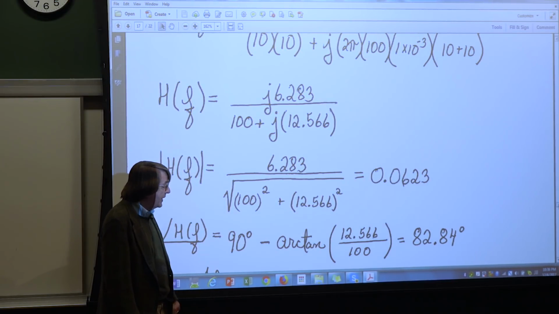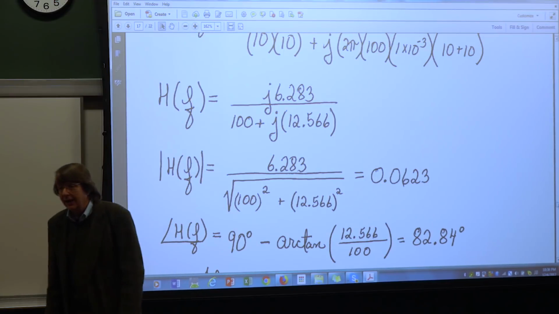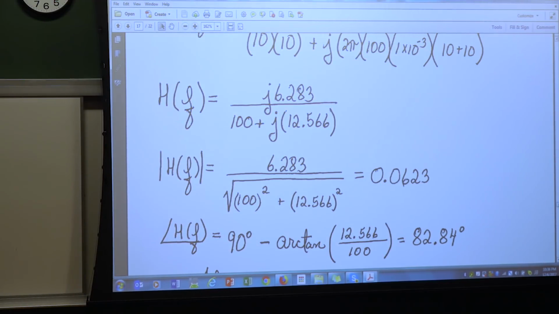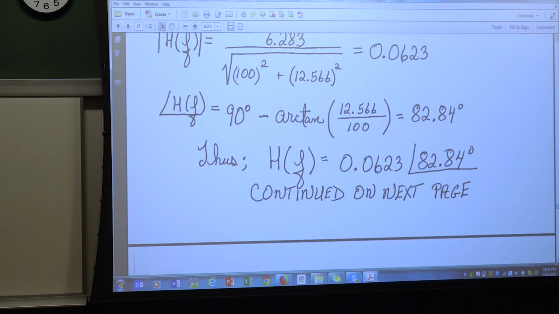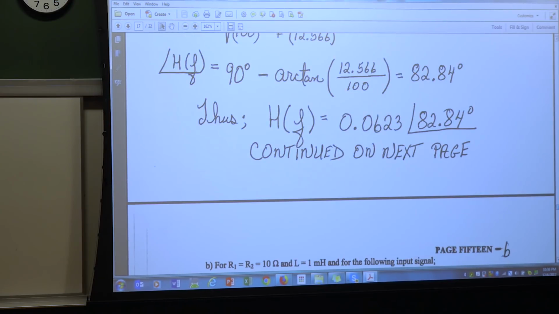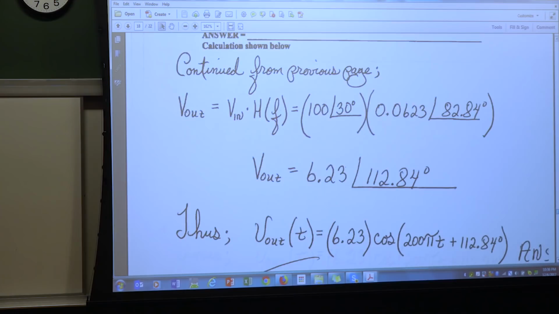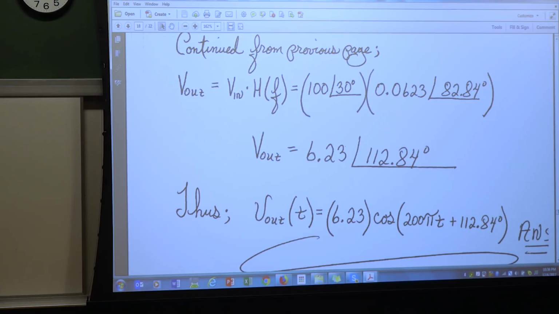So I get an angle of 82.84. I got it. This looked really complicated, but we're figuring it out. I now take H of F times V in. So that's the value for H of F. I now multiply it by V in, and I get V out.